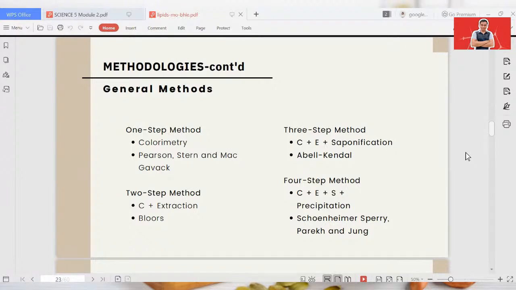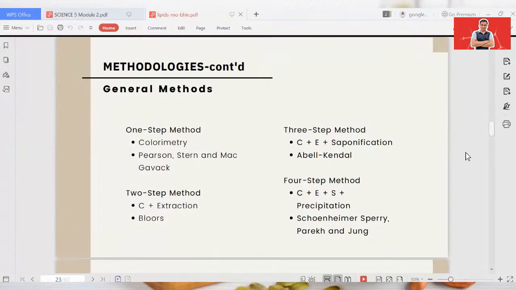Example of the test or method that uses this single-step procedure is the Pearson, Stern and McGavock, where p-toluenesulfonic acid liberates cholesterol from lipoprotein for direct reaction with sulfuric acid in the presence of acetic anhydride and acetic acid. So one step, we use the colorimetry where ang test na nag-use nito is Pearson, Stern and McGavock.